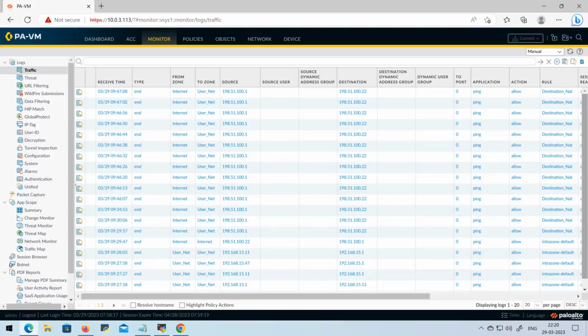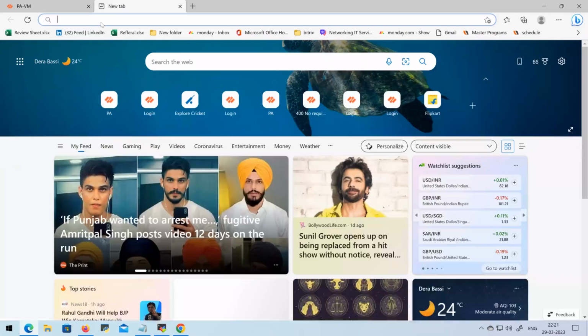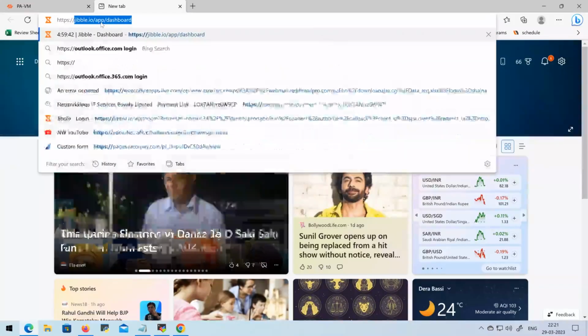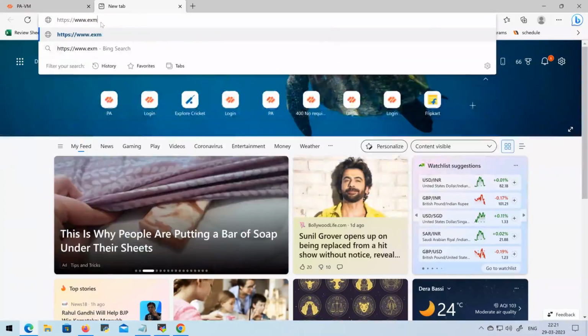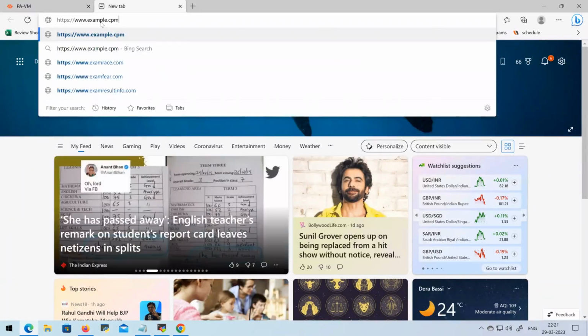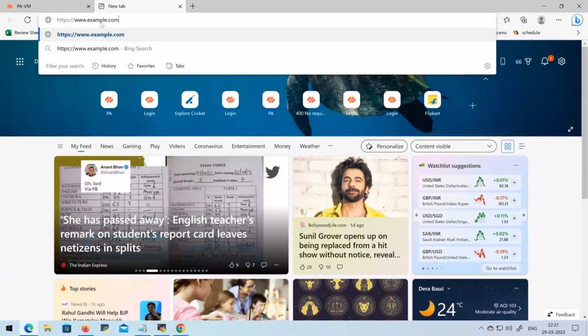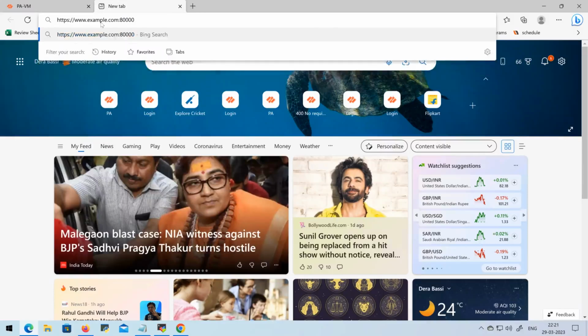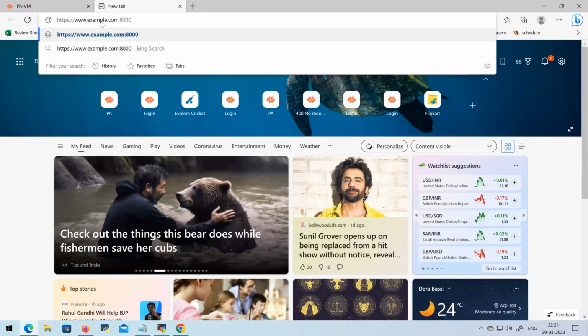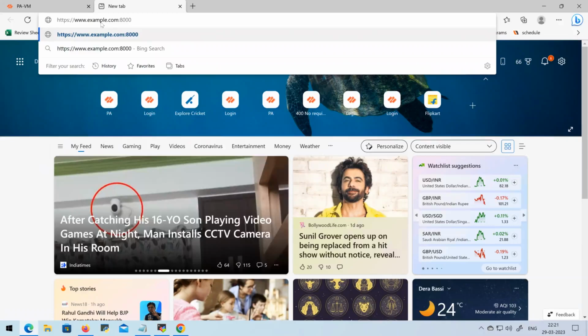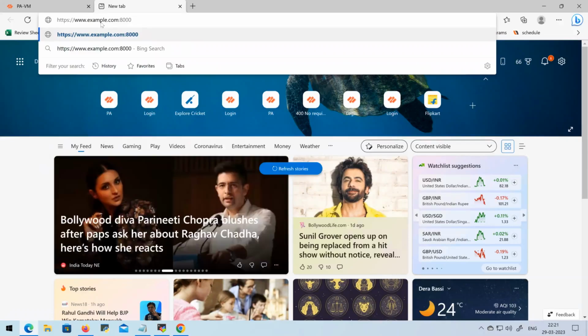So if your server is running on some random port, you won't tell your client, while using HTTPS, for example, to type example.com:8000 to reach my web server. Are you going to trouble your users? No, right?